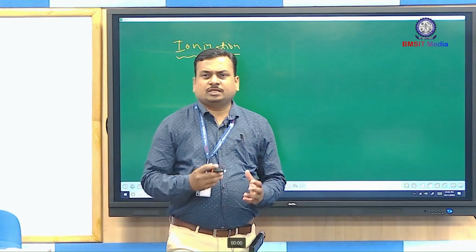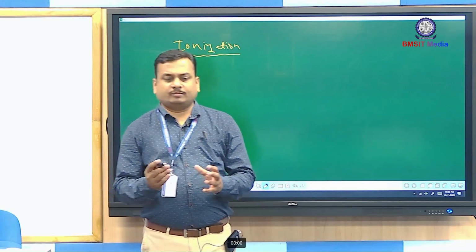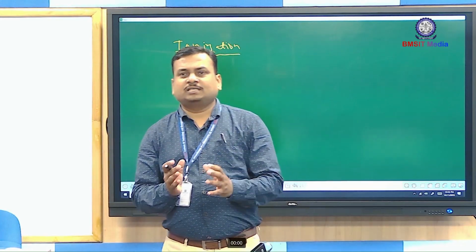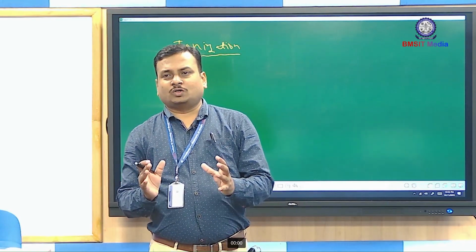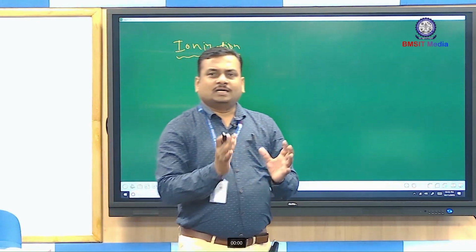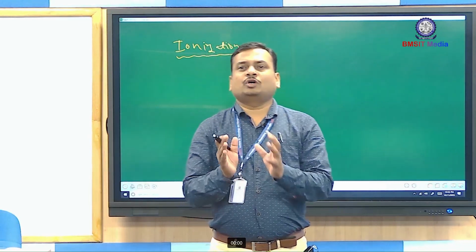Next we'll see ionization. Okay, we'll see what this ionization is. So if an electron is removed from the outer shell of an atom, then the total negative charge will be reduced, because we will be removing one negatively charged electron, right? So that atom now becomes a positive ion.